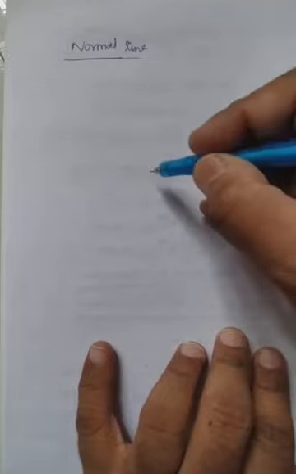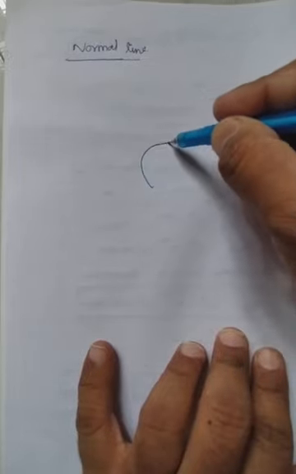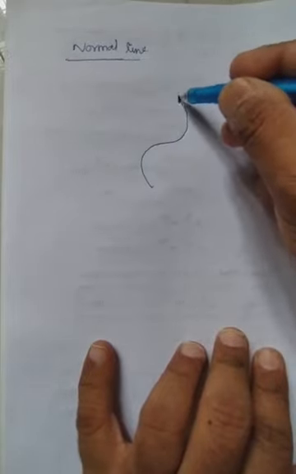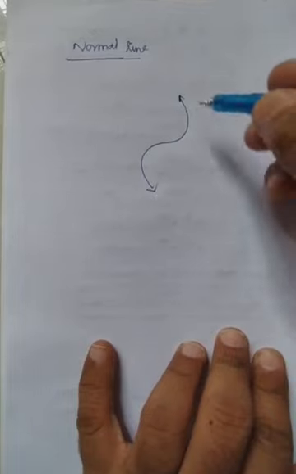Now we are going to learn about the normal line. So how the normal line would exist for a curve, we are going to discuss now. Okay, so this is our function graph.